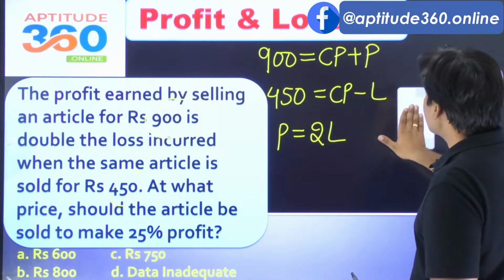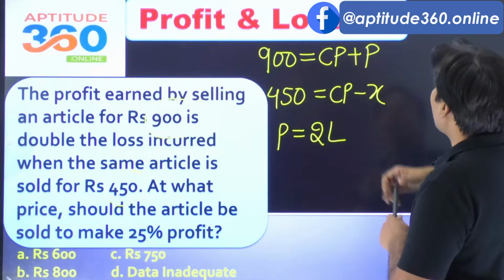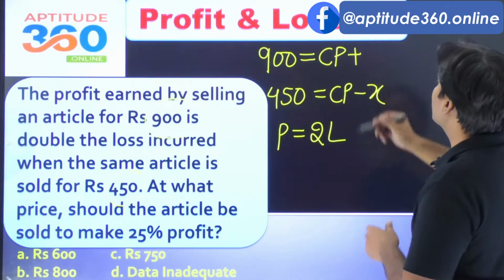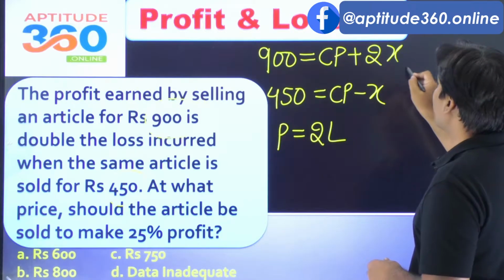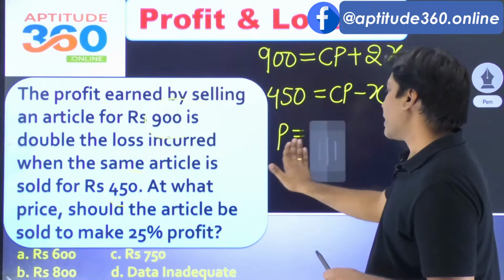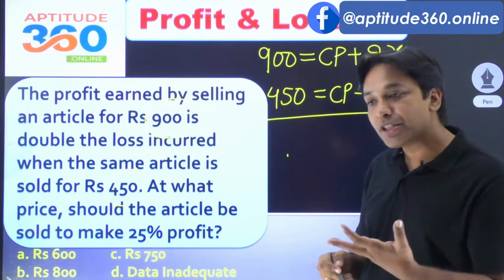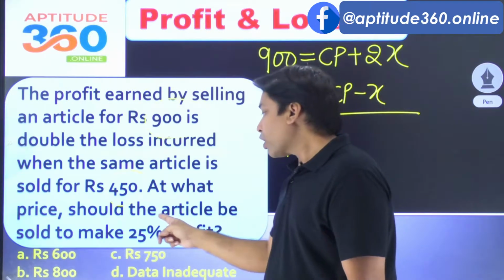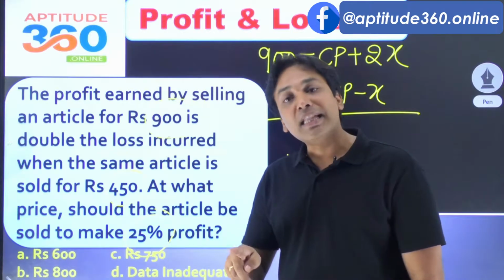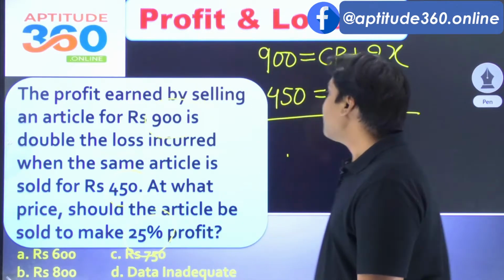I'll take loss as x. If I take loss as x, I will have to take profit as what? 2x. Is that okay? Now we have got 2 variables and 2 equations. Now again our problem is simplified, and what is that I am interested in? I am interested in finding out the cost price, because I need it to find a selling price later when I want 25% profit. So how do I find out the cost price?